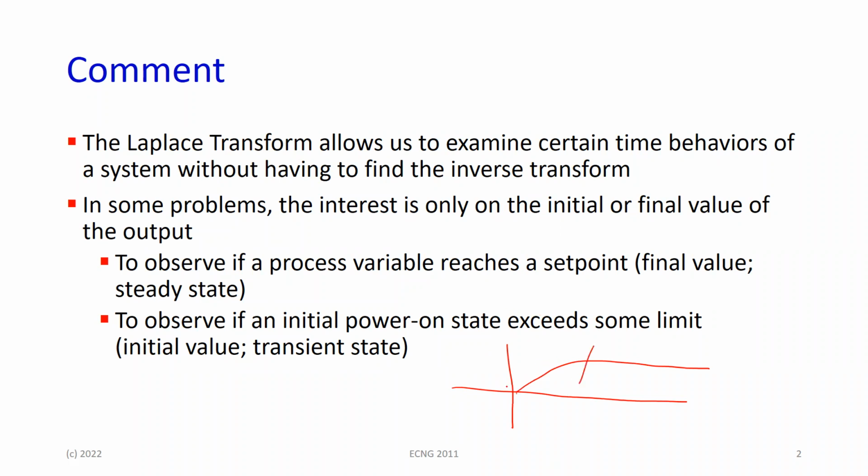But from the time when you turn it on to some point, the system is moving from its initial value, the starting point, and is changing, and then it reaches some final value or some steady state. And this particular zone here is what we call the transient state. Transient just means changing.